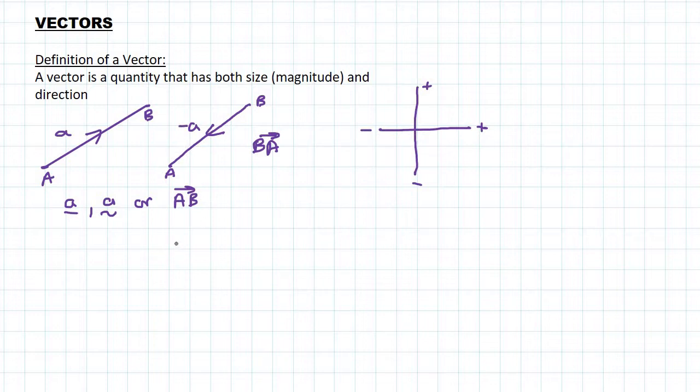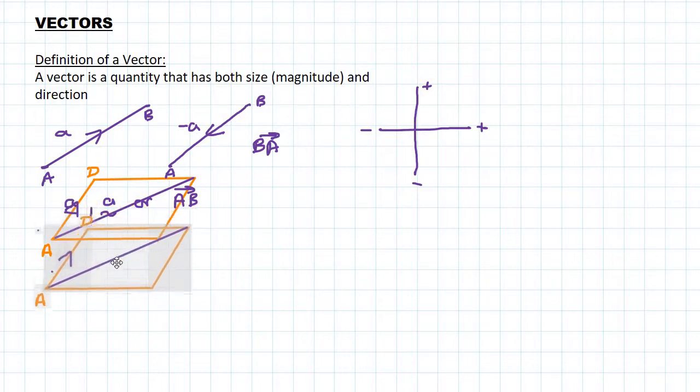Alright, now we can also add vectors, and I'm going to give you an example where we're going to find a resultant. So let's see if I can put up a diagram for you.